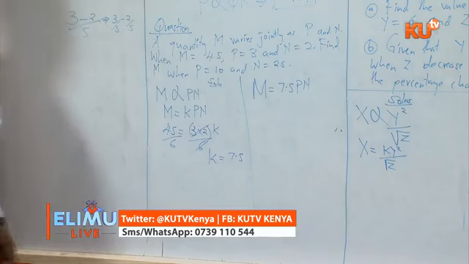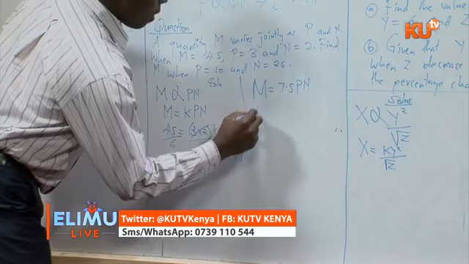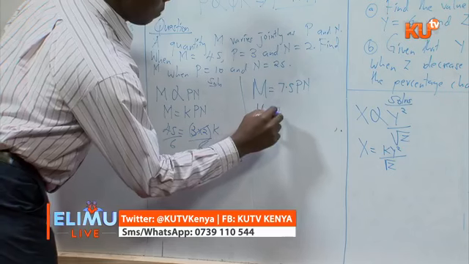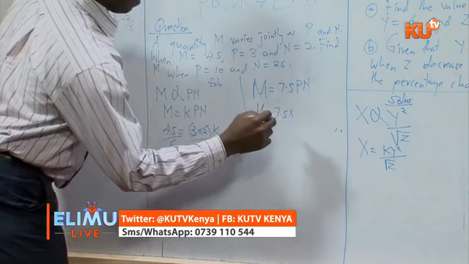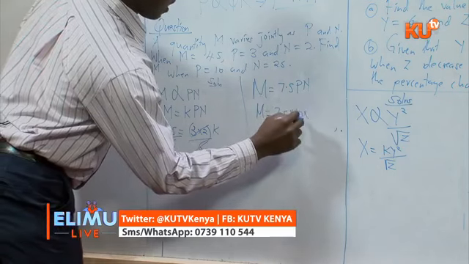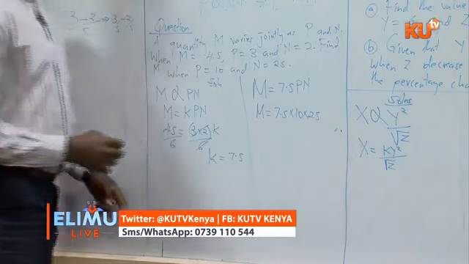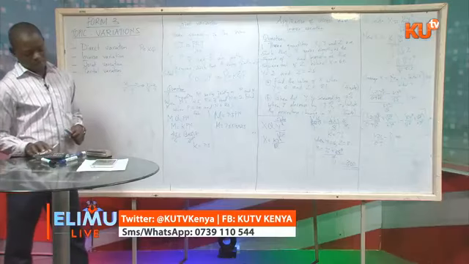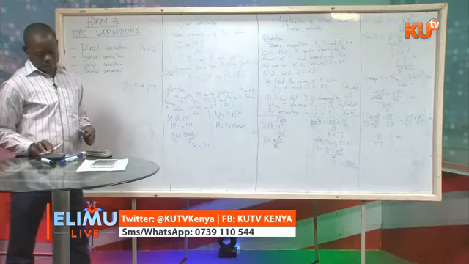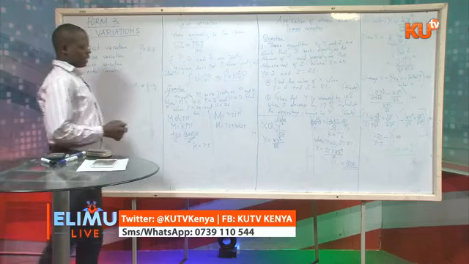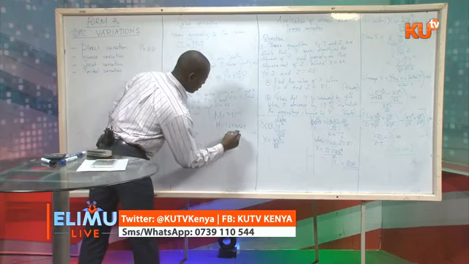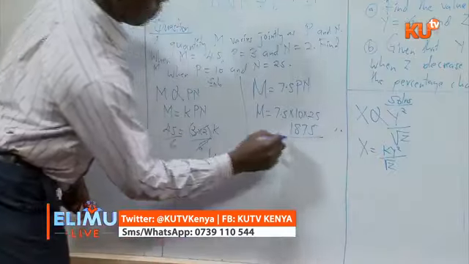And so when P is 10 and N is 25, M will become 7.5 times 10 times 25. So that is simply 75 times 25, and that is 1875.